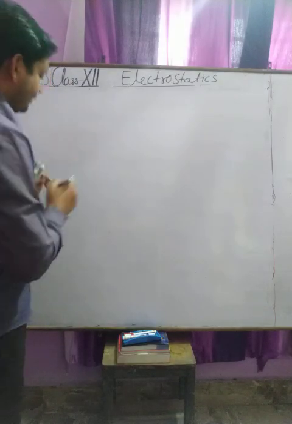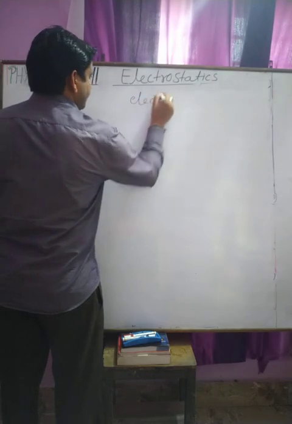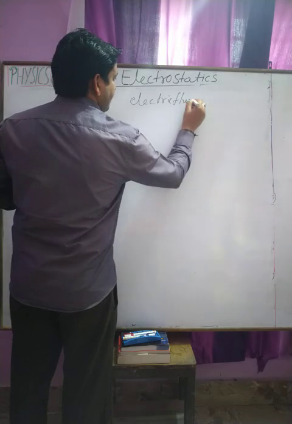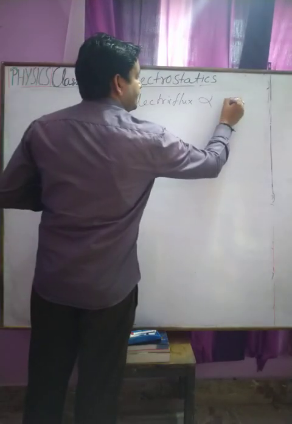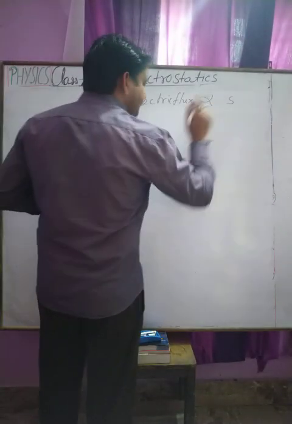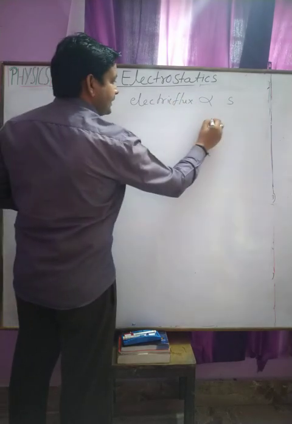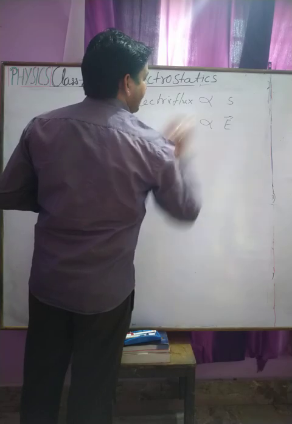Suppose we have, by experiment it is observed that electric flux is directly proportional to the surface. Here, students, we are using a small surface first, and this electric flux is also linked to the electric field.